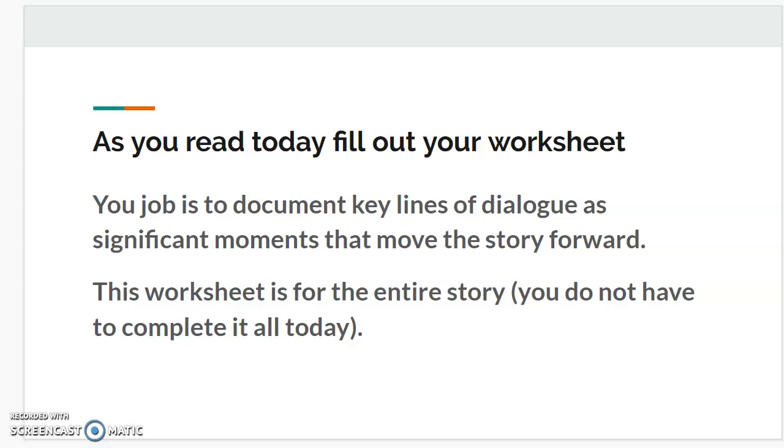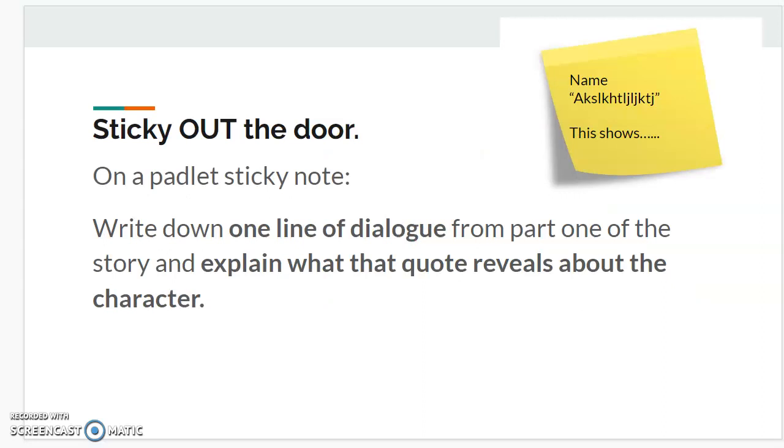Now, last but not least, I'm going to have a Padlet that you can do an exit ticket on. So instead of doing a sticky out the door, like we have in the past where we put it up on the whiteboard, we're going to do a virtual sticky out the door. On the Padlet, you're going to put your name on it so I know who did it. And I want you to write down one line of dialogue from a part of the story and explain what that quote reveals about the character.